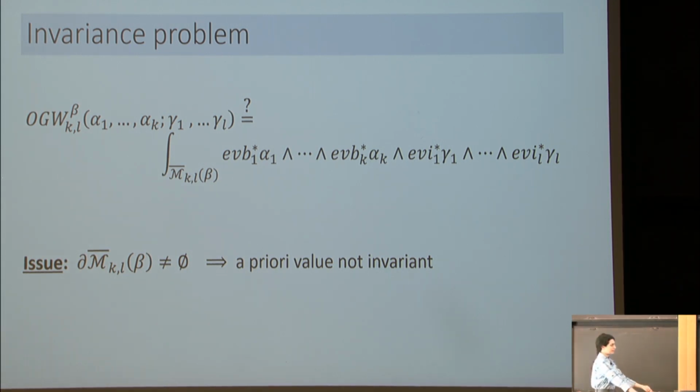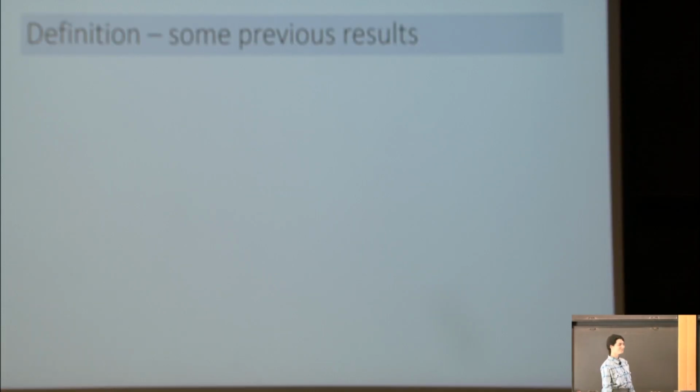It's something that depends on the boundary. So the codimension one boundary, the boundary of the disks, creates boundary in the moduli space, which then disrupts invariance and makes life harder for everybody, but also more interesting.